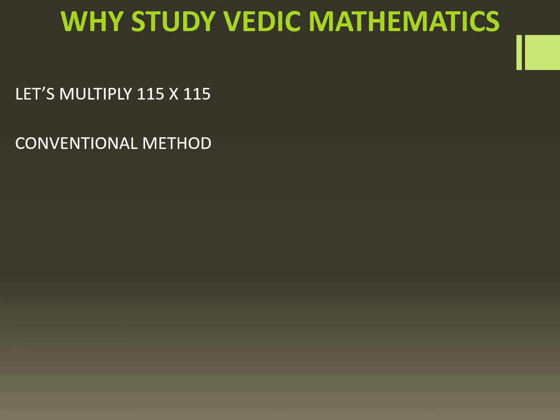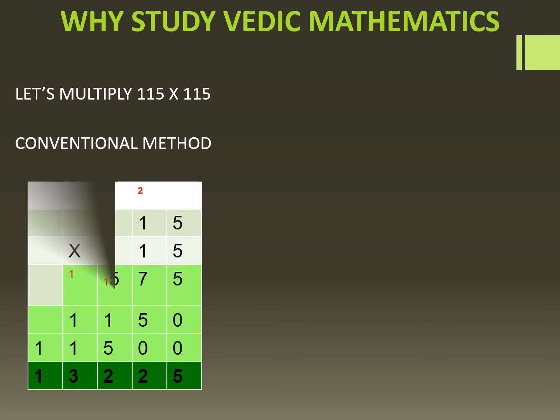Let's say we want to multiply 115 by 115. So first, let's solve this problem with the conventional method. To solve this problem using the conventional method, what we would do is, first, we would arrange the numbers one below the other, and then we start multiplying.